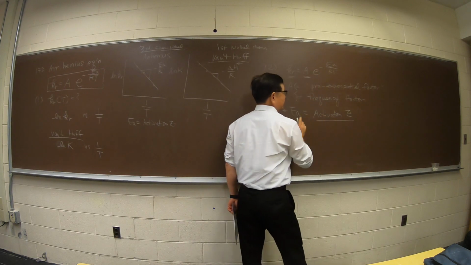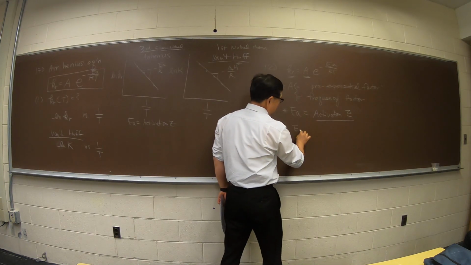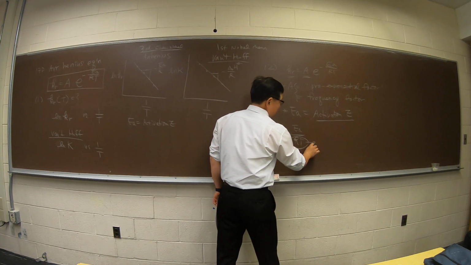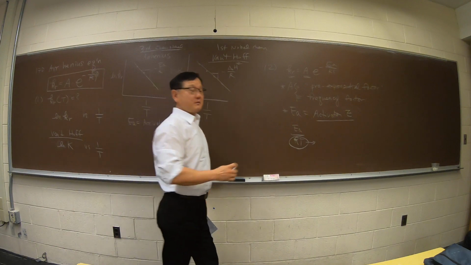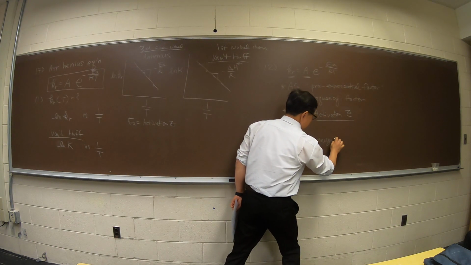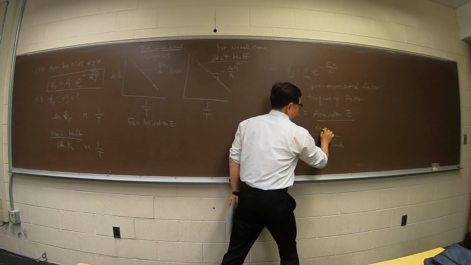It has a unit of energy, and if you look at Ea divided by RT, do you know what the unit of RT is? Anyone remember? Energy, that's right. Therefore, the top one should also be energy.